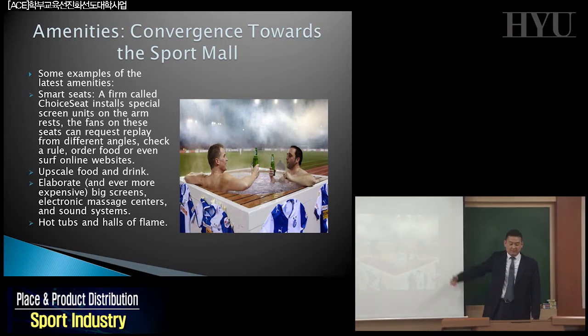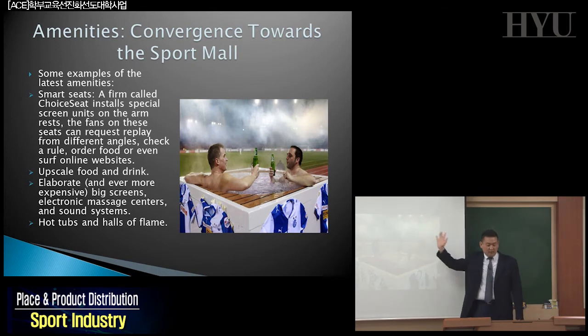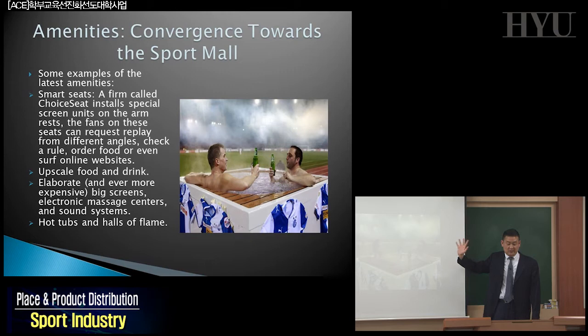There are some examples of the latest amenities. One example will be smart seats, right? A firm called Choice Seat installs special screen units on the armrests. The fans on these seats can request replays from different angles, check a rule, order food, or even surf online websites, right?